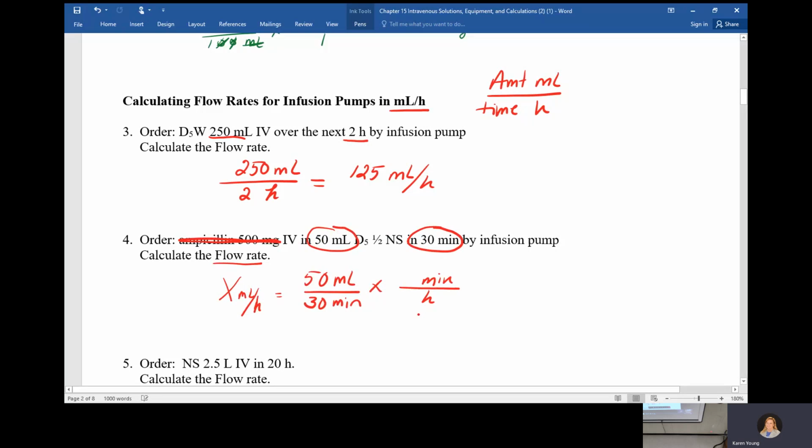Okay, so y'all know how many minutes are in an hour? 60. 60 minutes per hour. Then my minutes cancel. So 30 goes into 60 how many times? 2. So we should be able to do that one. Maybe not. So then 50 times 2 gives me 100 milliliters per hour.